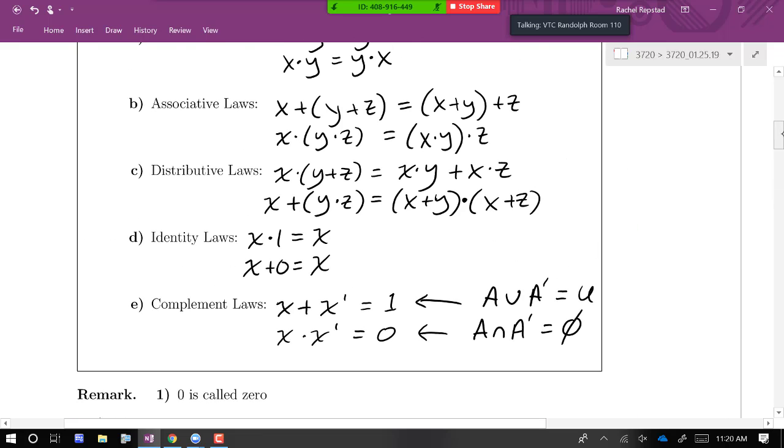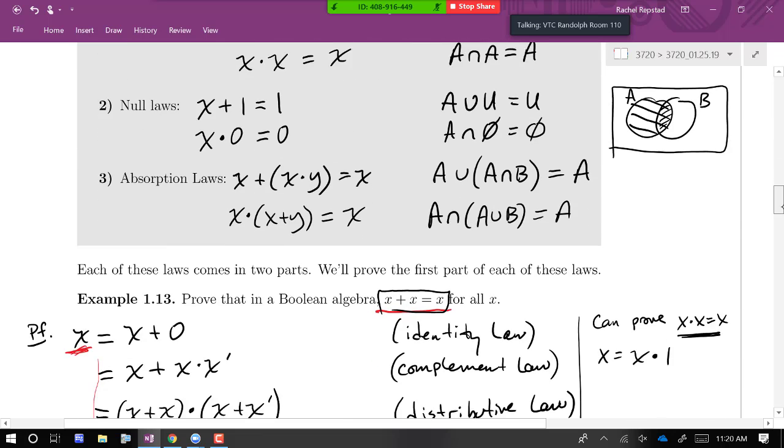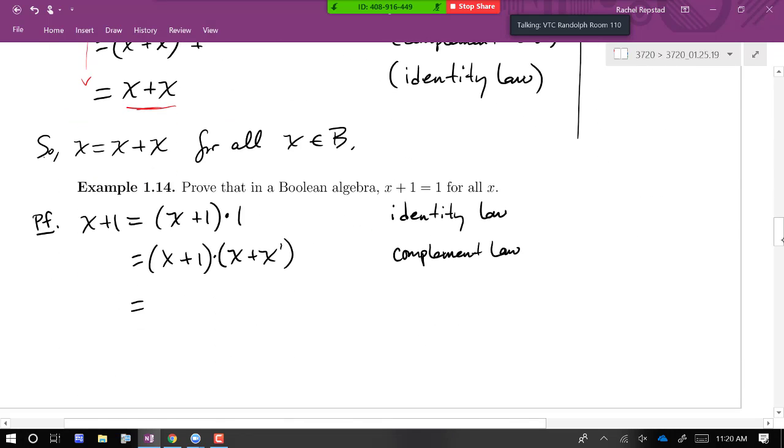So I can use the distributive property in the reverse order and see this as something I would have gotten had I distributed addition over times. And that gives us x plus, in parentheses, 1 times x complement. And of course 1 times x complement is x complement.